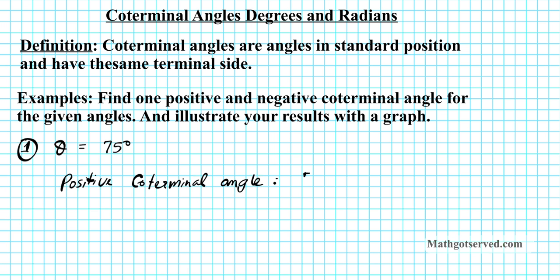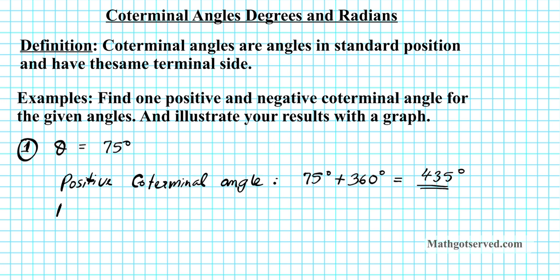So we start from 75 degrees and we add 360 degrees, which is equivalent to a full counterclockwise rotation. Adding these two together yields 435 degrees.